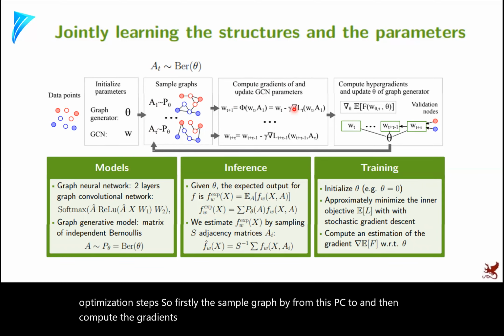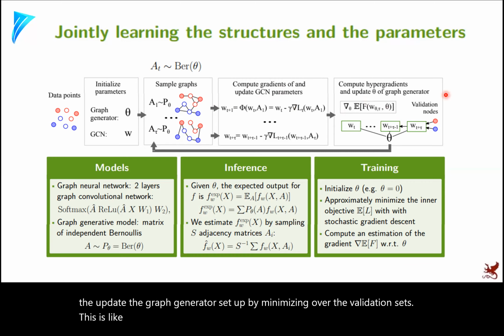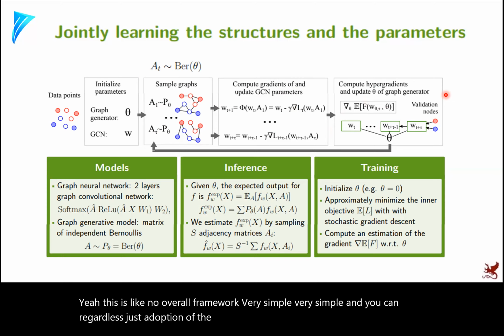After that, they update the graph generator theta by minimizing the loss over the validation set. This is the overall framework. It is very simple, and you can regard it as just an adoption of the hyperparameter AutoML algorithm to this structure learning problem.